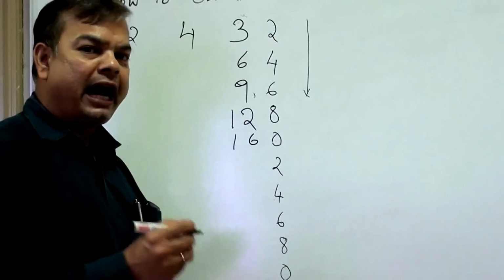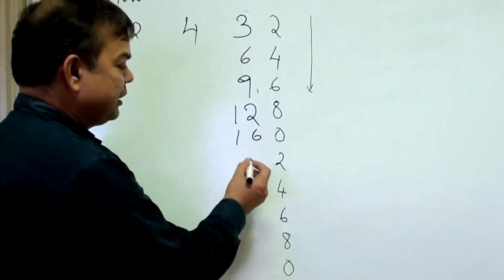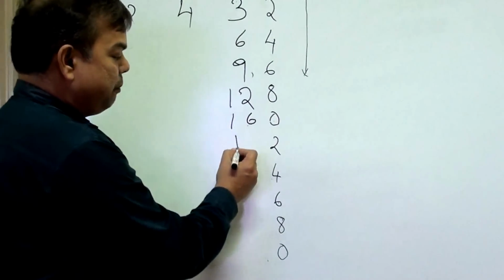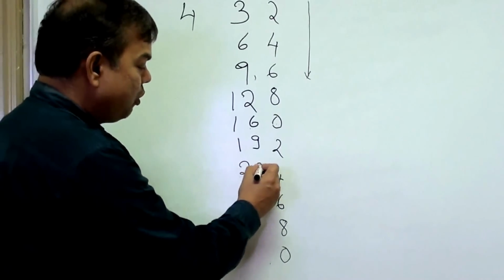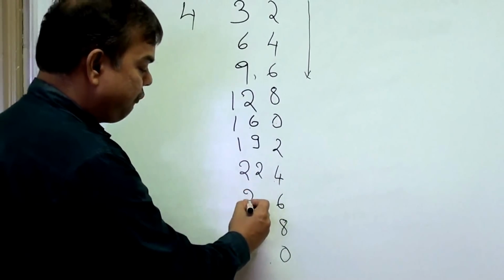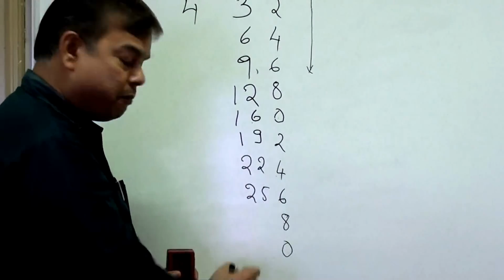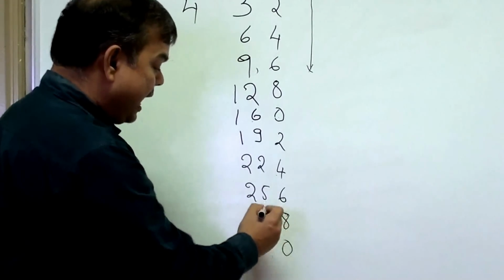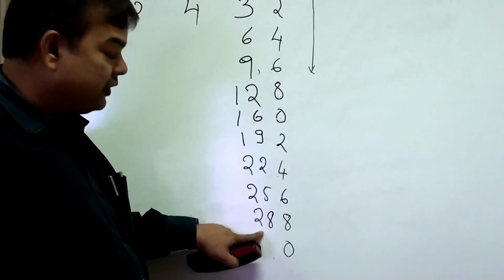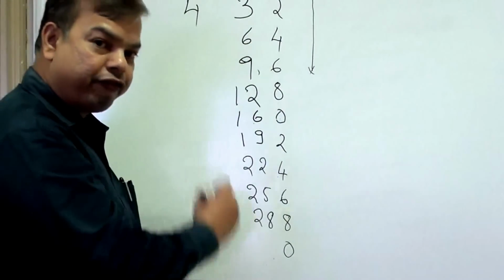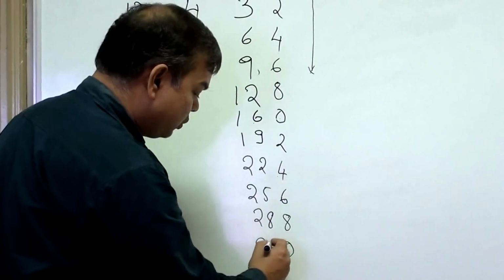So I will keep on adding 3 to the previous number. So 16 plus 3 becomes 19. 19 plus 3 becomes 22. 22 plus 3 becomes 25. 25 plus 3 becomes 28. And in this particular case, because 0 is less than 8, instead of adding 3 to this 28, I will add 4. So this will become 32, then 0.